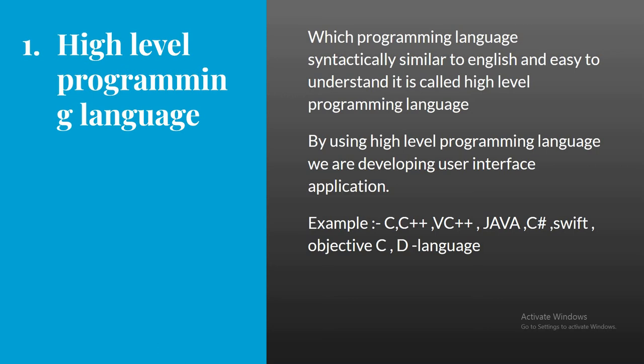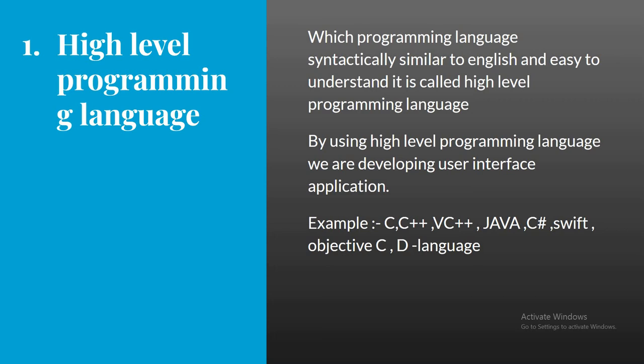By using high level programming languages, we develop user interface applications. Examples: C, C++, VC++, Java, C Sharp, Swift, Objective-C, D language. These are examples of high level programming languages.